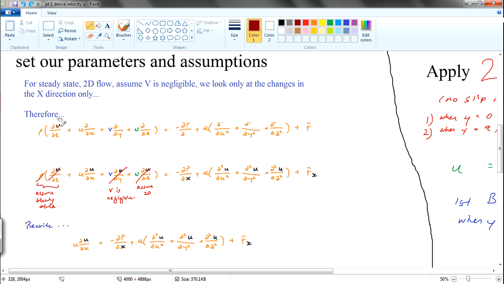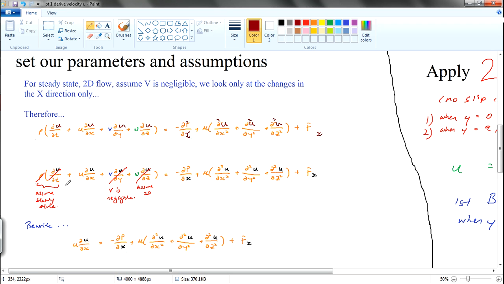This is the u velocity, u velocity, and then we have the x direction, and the u terms, squared, and fx. I'm just filling out the blanks, to let you see that this template is pretty easy to use.